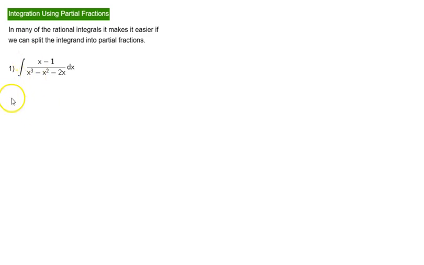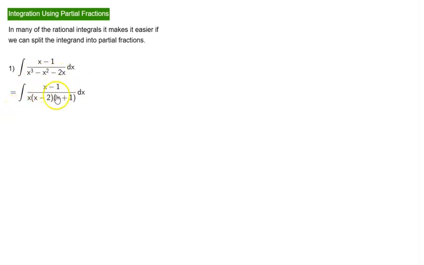So we have the integral of (x minus 1) by (x cube minus x square minus 2x) dx. Here we want to split this into multiple fractions. So first we factorize the denominator.